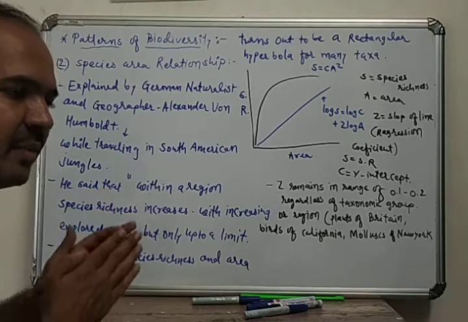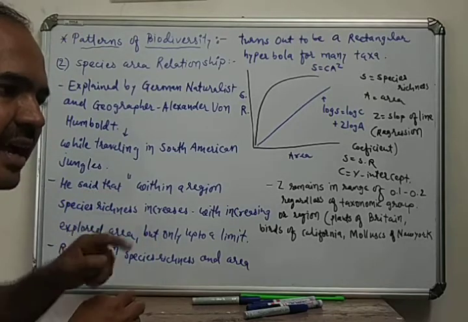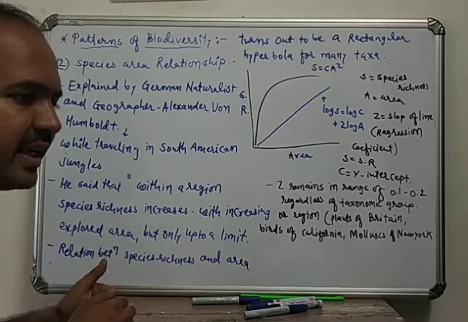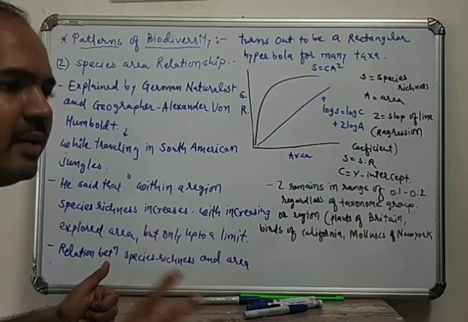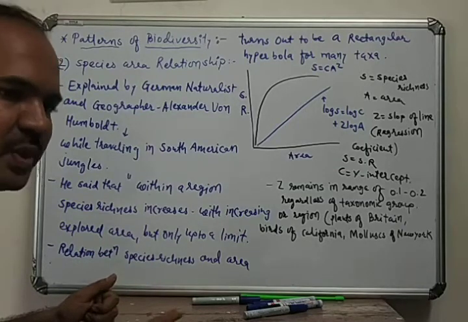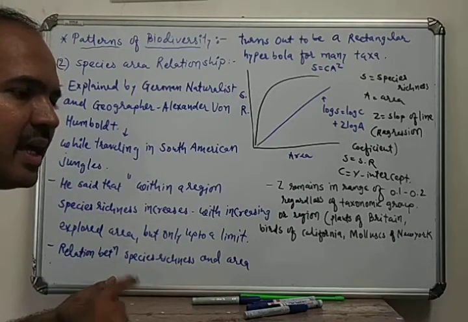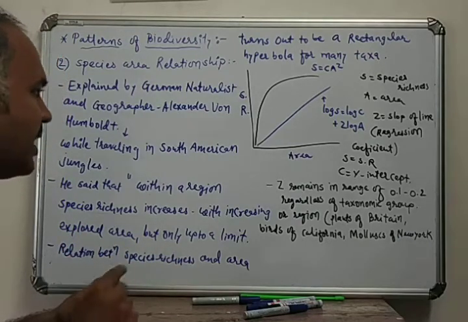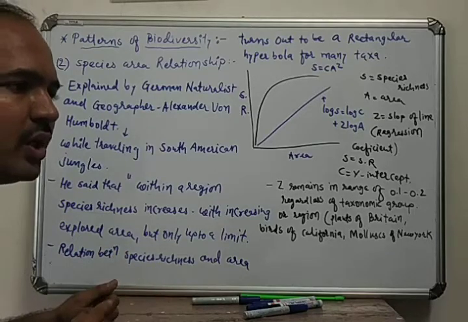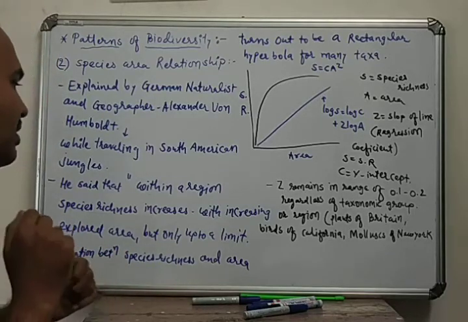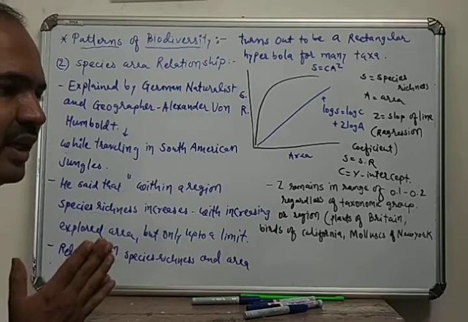Okay, we are learning patterns of biodiversity. We have talked about latitudinal gradients, and today we are talking about the second pattern of biodiversity, that is the species area relationship, explained by Alexander von Humboldt while traveling in South American jungles. So what did he say?